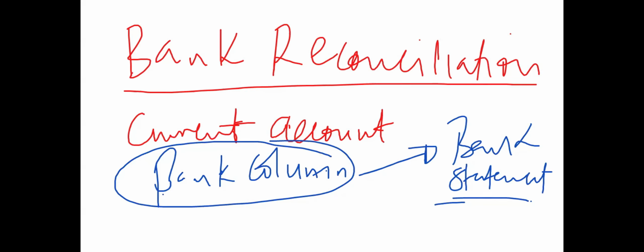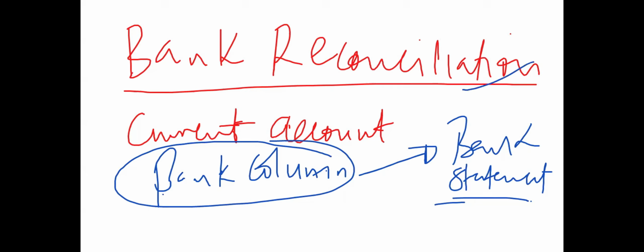So that's what we expect. We want to see that we actually have the same balance in the cash book as the balance that is there in our bank account. And that's basically what a bank reconciliation is all about.